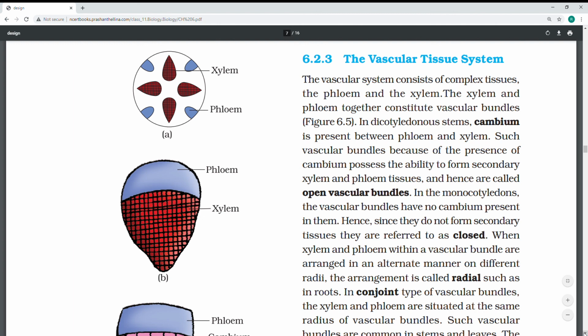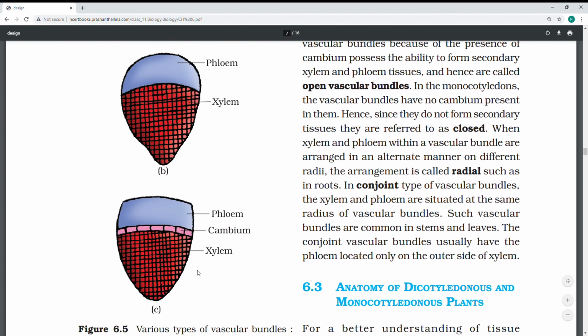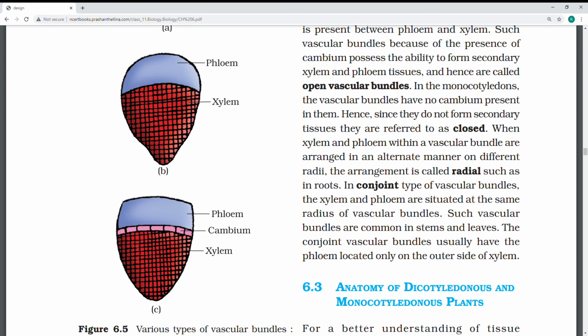In an open vascular bundle, cambium is present between xylem and phloem. In the next diagram, cambium is absent in the radial and conjoint vascular bundles.